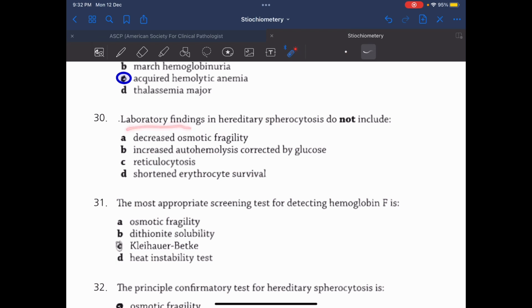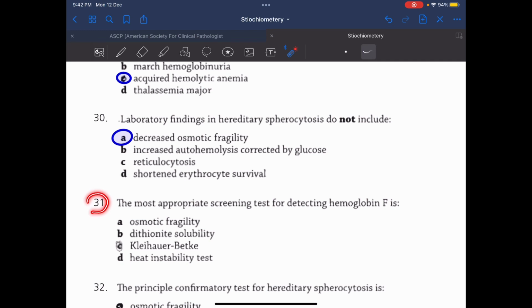Laboratory findings in hereditary spherocytosis don't include decreased osmotic fragility, increased autohemolysis corrected by glucose, reticulocytosis, shortened erythrocyte survival. We know that in hereditary spherocytosis the osmotic fragility will increase. So the correct answer is A.